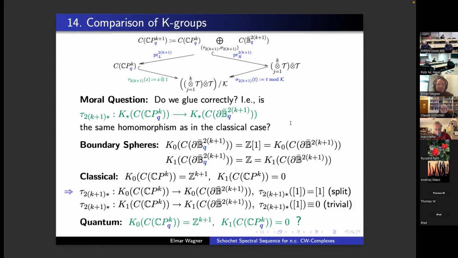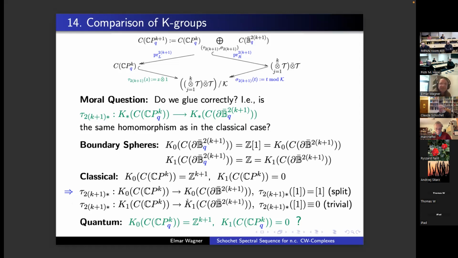So this mapping on the K0 level maps the 1 to 1, and that's the only thing it can do, and it has a kernel, all the rest of it. Now K1 was 0, so this map on K1 can only be 0. So classical and quantum, we do have the same induced maps.